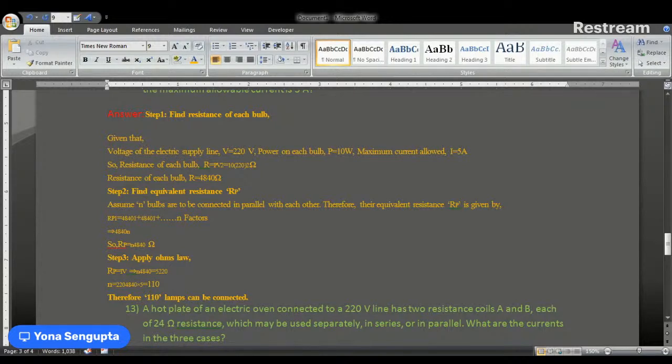So it comes as n by 4840. Since it is 1 by R which gives us n by 4840, R equals 4840 by n ohm.